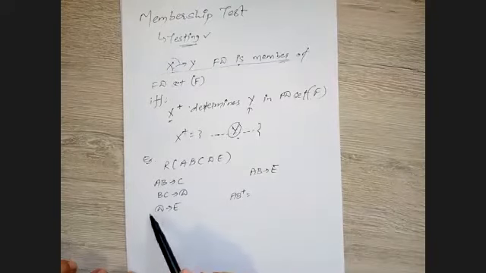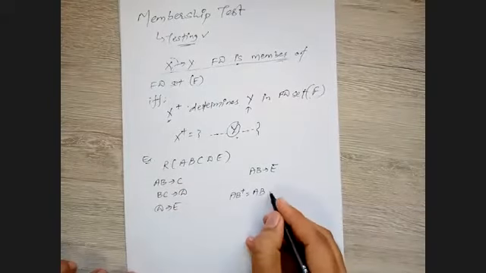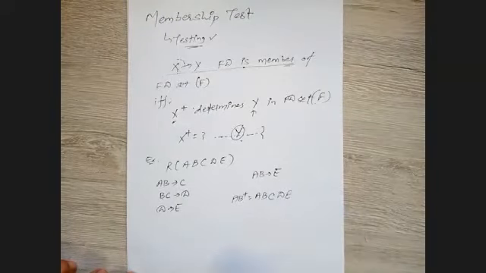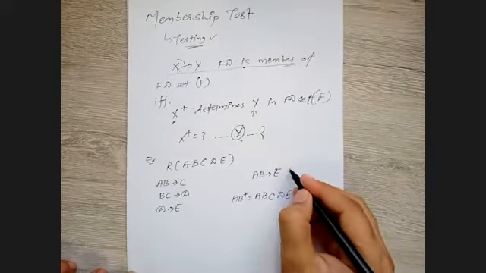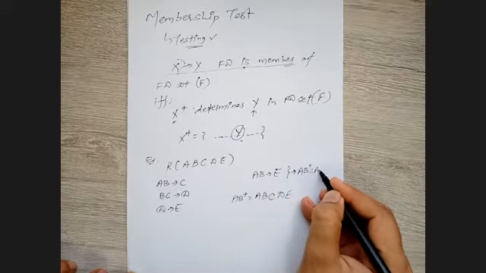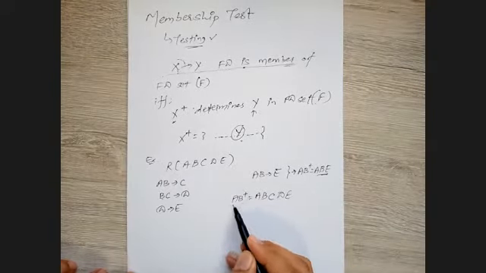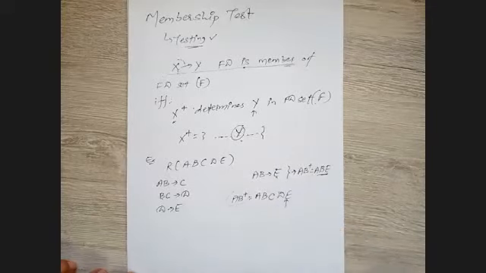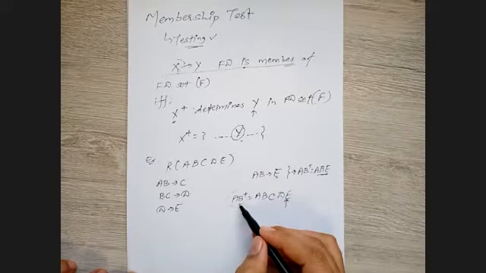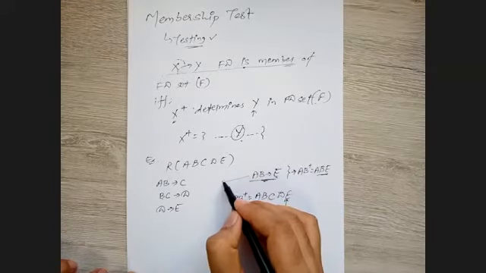The closure of AB is: AB, from AB we can get C, from BC we can get D, and from D we can get E. So we check whether this AB closure can identify E or not. Yes, it's there. Since E is present in the AB closure, it shows that it's a member of this functional dependency set.